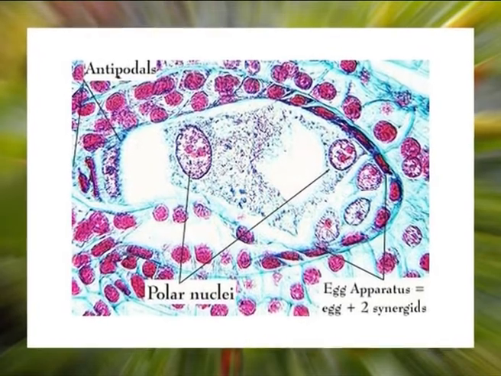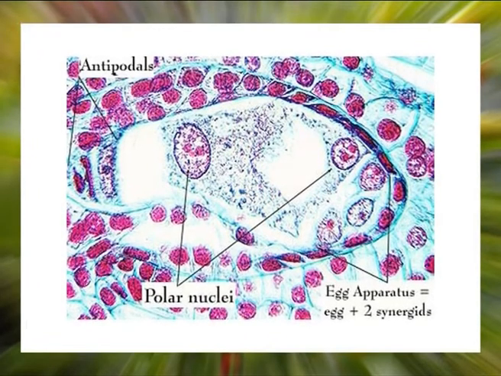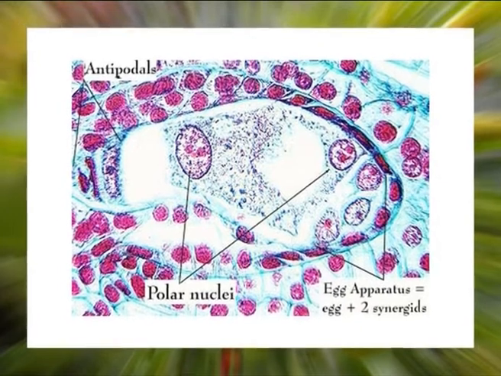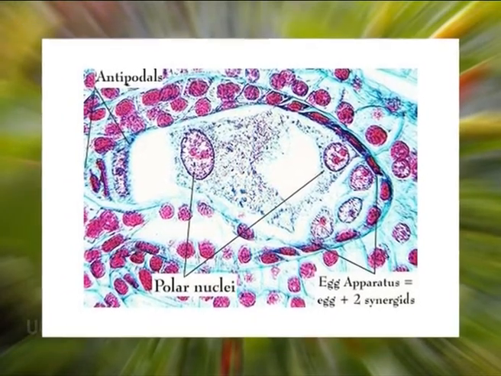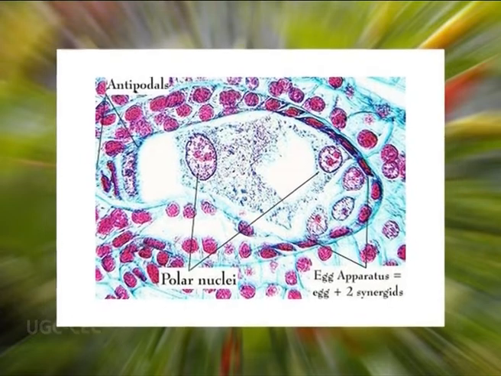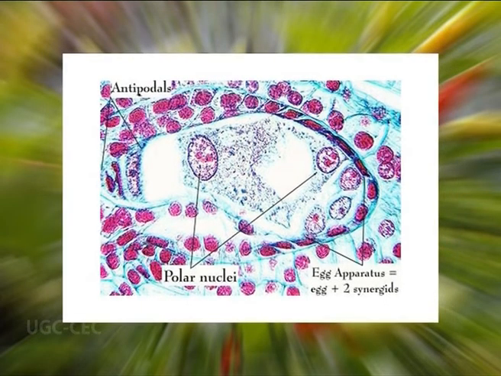There is a large central cell with 2 polar nuclei which fuse to form the secondary nucleus. The micropylar end of the central cell is occupied by the egg apparatus comprising an egg cell and 2 synergids. The chalazal end of the central cell is occupied by 3 antipodal cells.